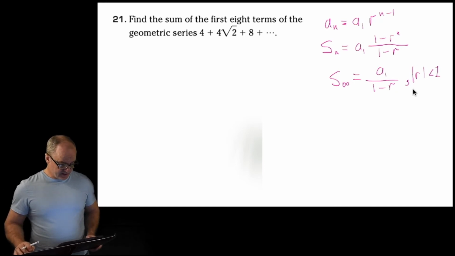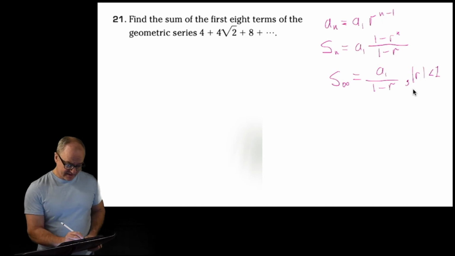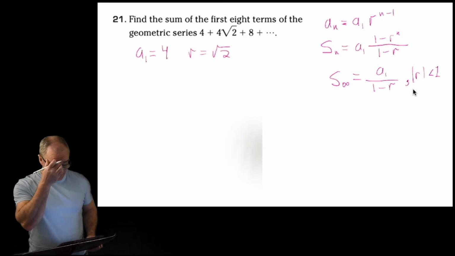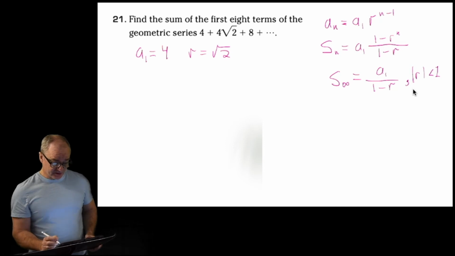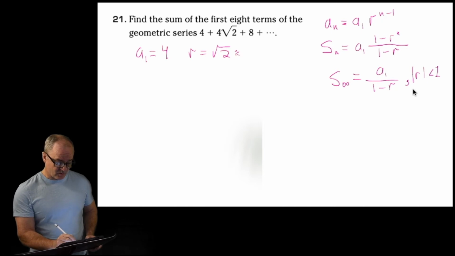So, we have a sub 1 is 4, and our common ratio looks like it's multiplying by root 2. This turns out to be fairly simple, because this common ratio of root 2 is approximately 1.4, which is bigger than 1.